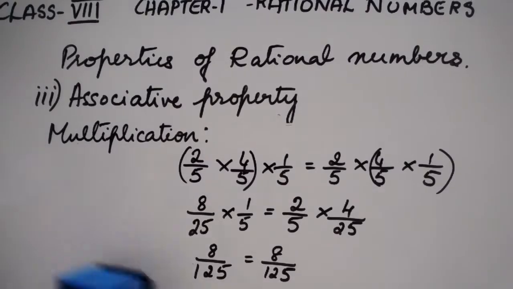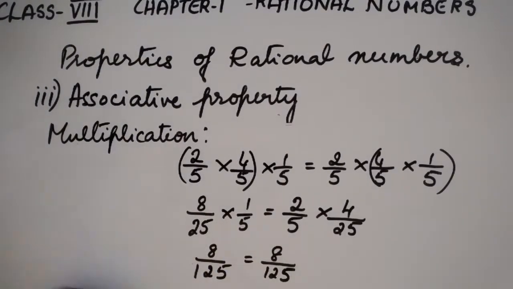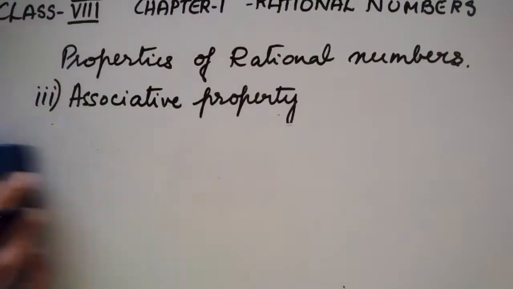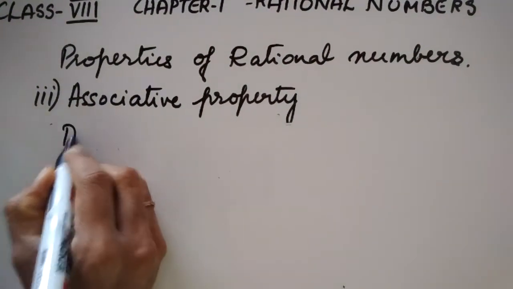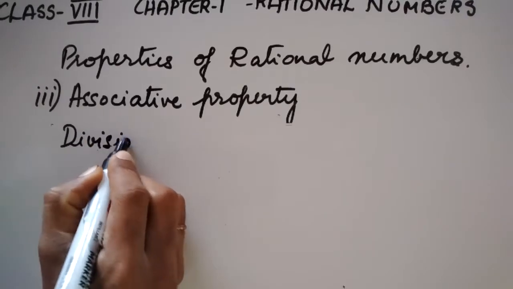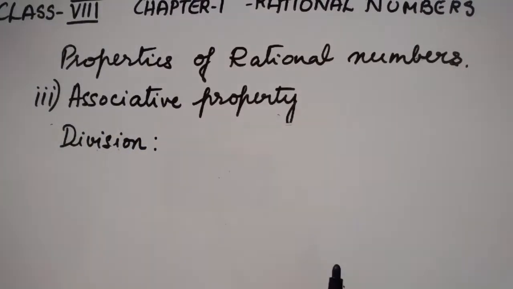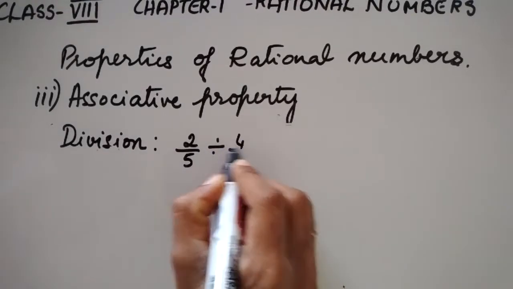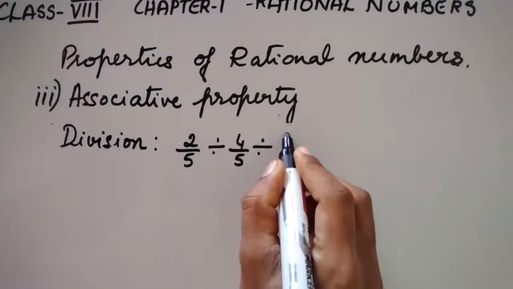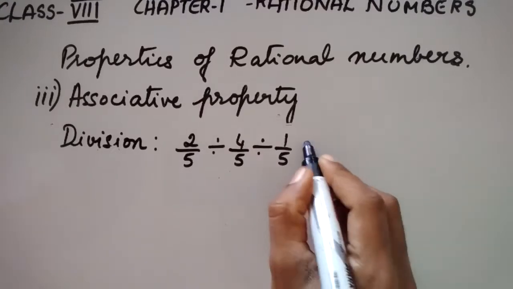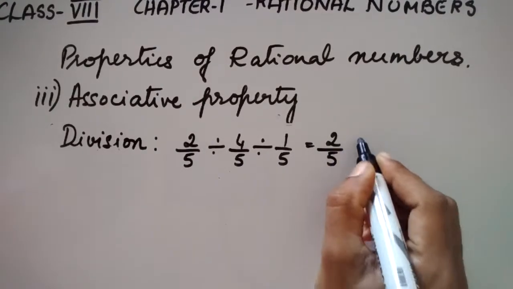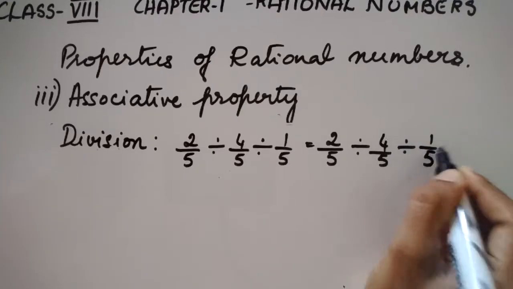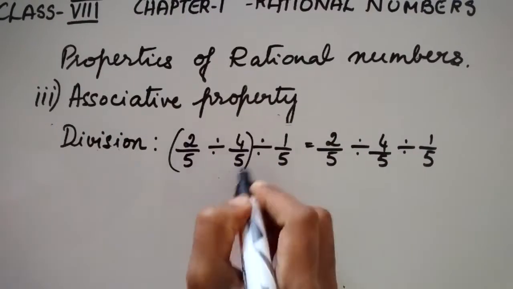Next, let us check with division. Division: 2 by 5 divided by 4 by 5 divided by 1 by 5 is equal to 2 by 5 divided by 4 by 5 divided by 1 by 5. So group in this form.